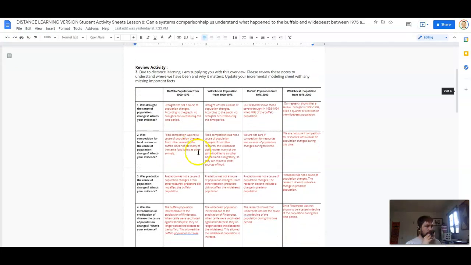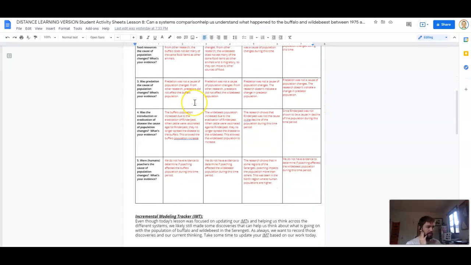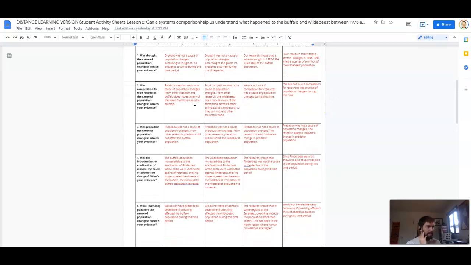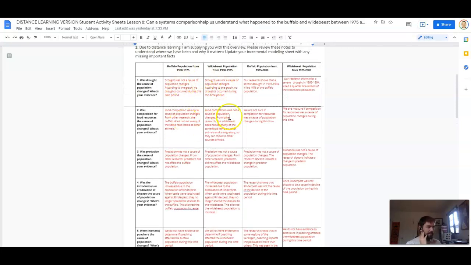Now we are going to be working on this review activity. In person, we would have had each team review one of these questions for each different time period by going through your notes. But because of distance learning and self-paced learning, I'm not sure who will get to this, so I have filled out the information for you.